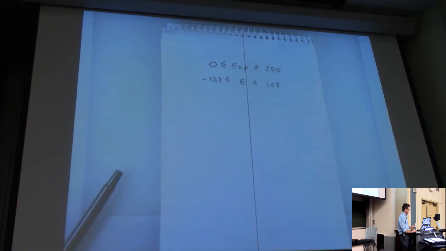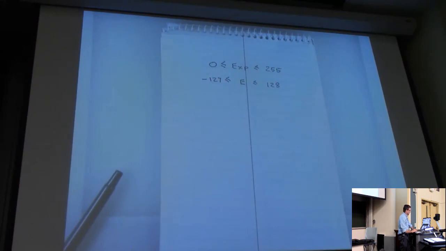Now, multiplication is similar. It's closed generally under multiplication. It's commutative, but it's not associative, and it doesn't distribute over addition. So here you can see we're taking 2 to the 20th times 2 to the 20th times 2 to the minus 20th, and this first multiplication gives infinity, and anything you do with infinity is just infinity.